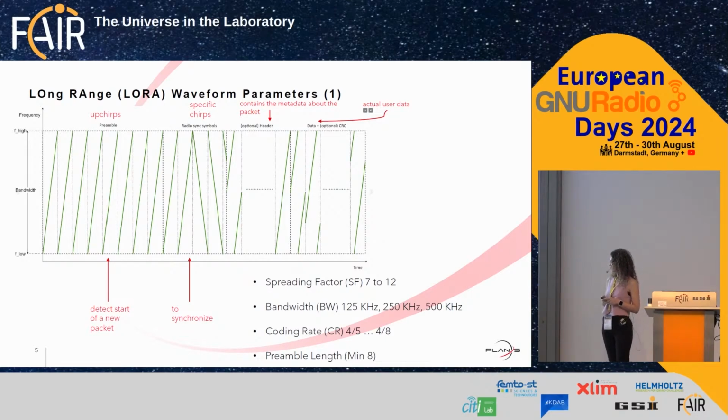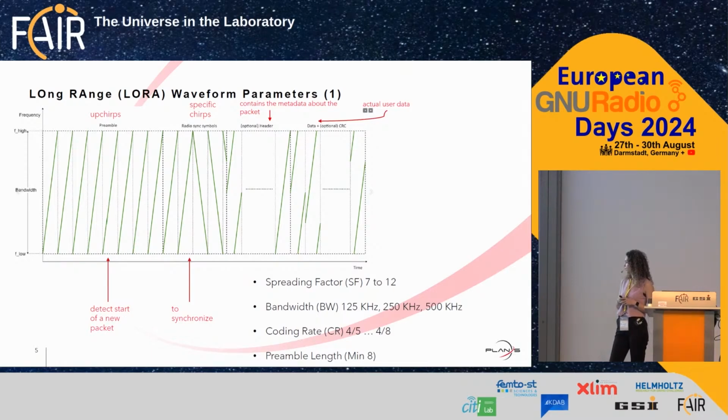Spreading factor is one of the important parameters for LoRa. It shows how bits are described as the spreading factor increases, and it ranges from 7 to 12. And our other parameter is bandwidth, and typically 3 bandwidth values are used in LoRa modulation.